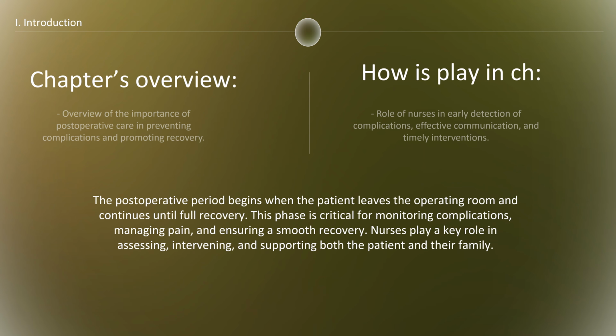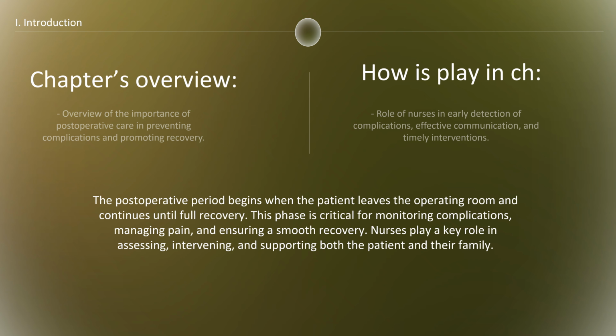Introduction. We have the chapter's overview of the importance of post-operative care in preventing complications and promoting recovery, and the role of nurses in the early detection of complications, effective communication, and timely intervention.